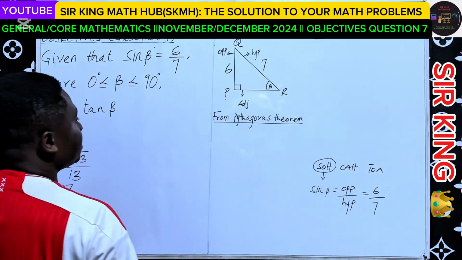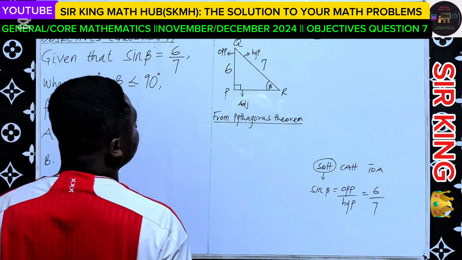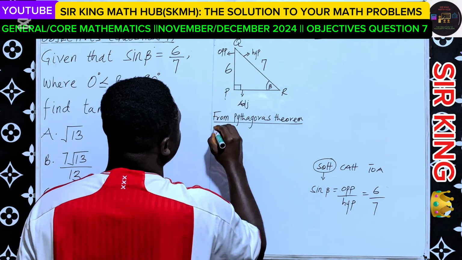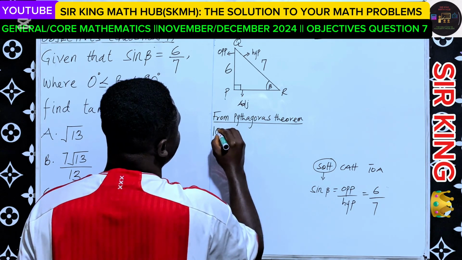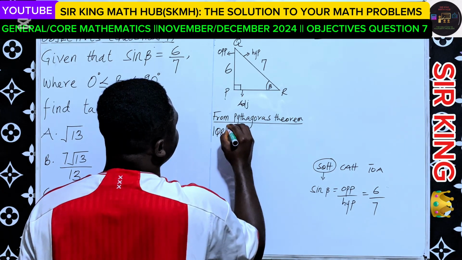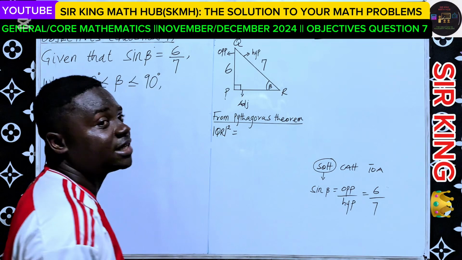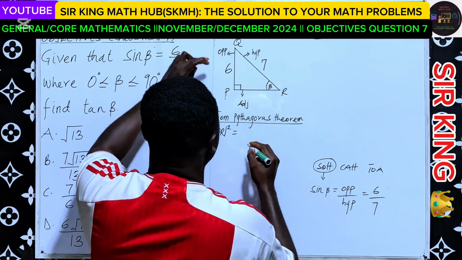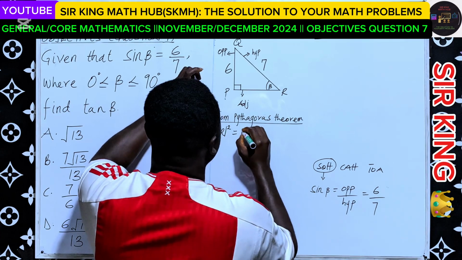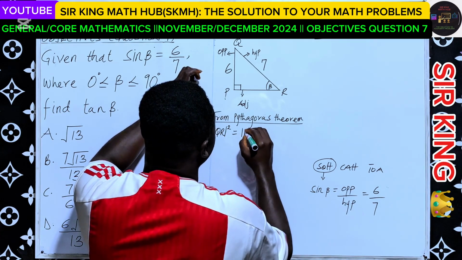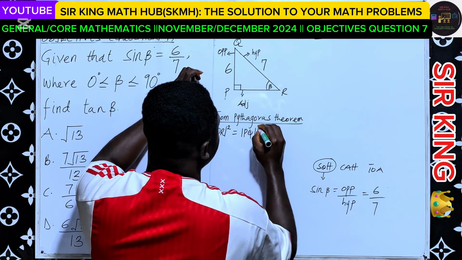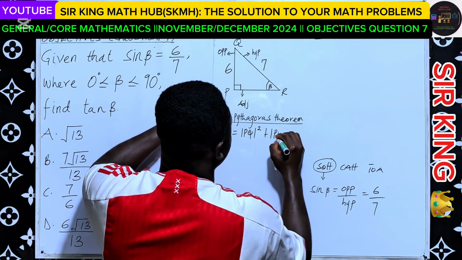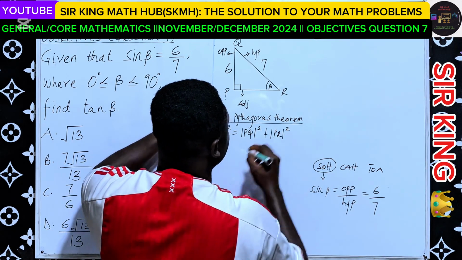The theorem says that the square of the longest side, in this case the square of the hypotenuse, line QR, is equal to the sum of the squares of the other two sides, that is line PQ squared plus line PR squared.